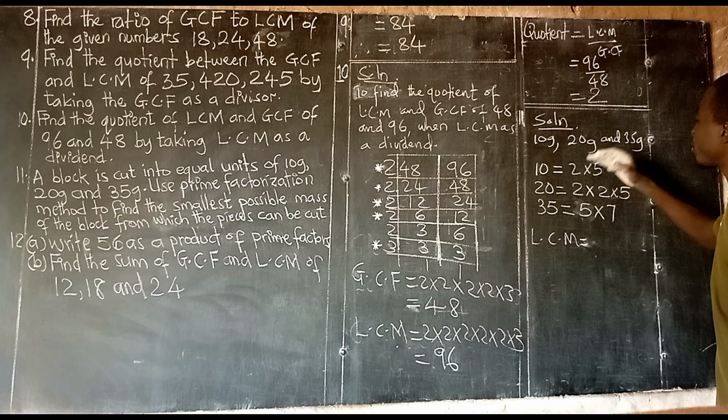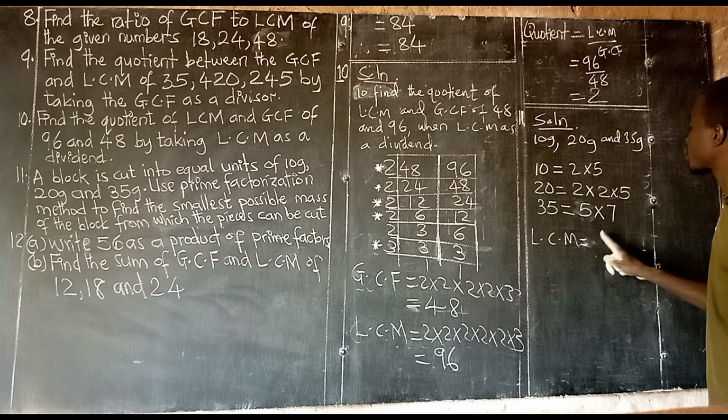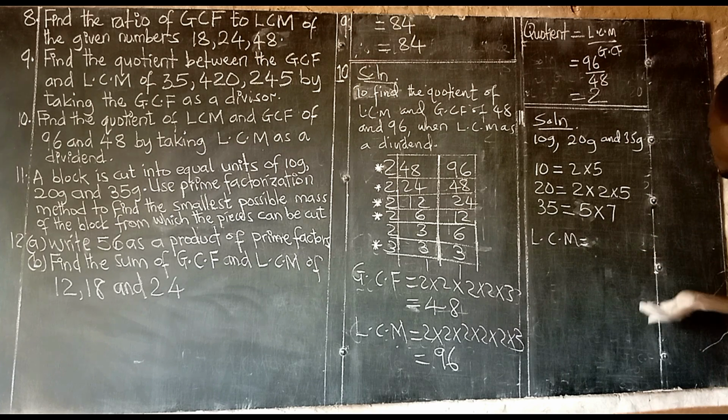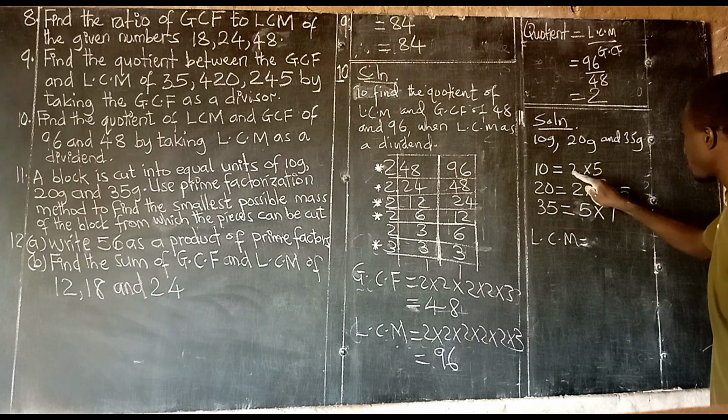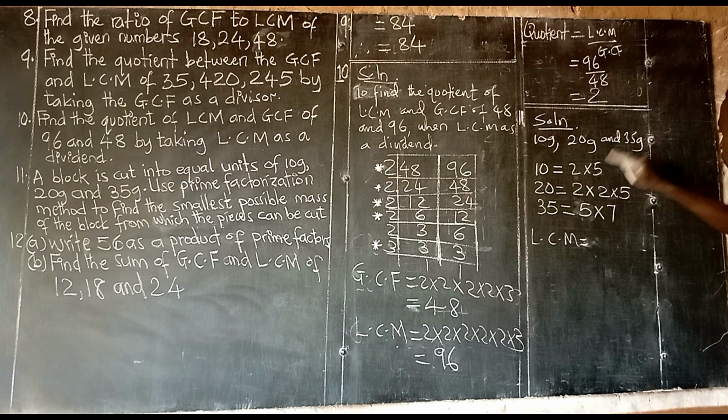When it appears, you must include it. So which are the numbers which have appeared? We have 2, 5, then 2, 5, and then 2, 5, and 7.